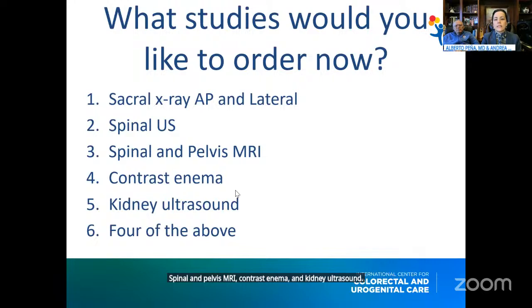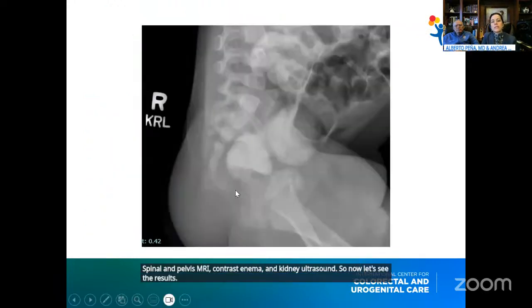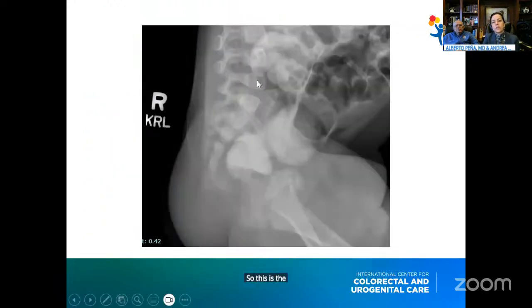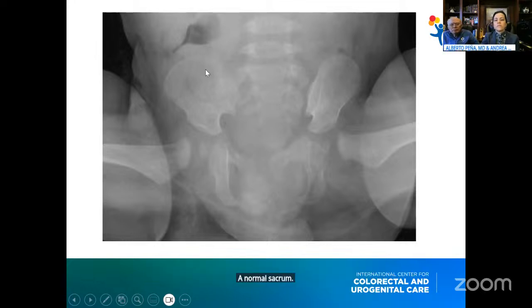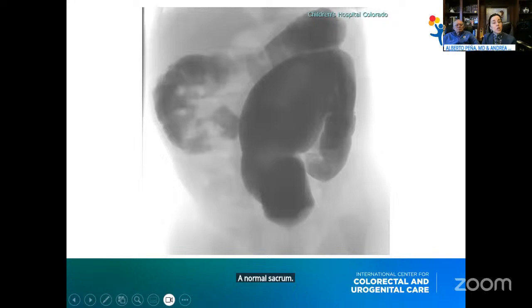So now let's see the results. This is the sacrum. If we do the sacral ratio here, you can see that the patient has a very good, normal sacrum. That's the contrast enema.